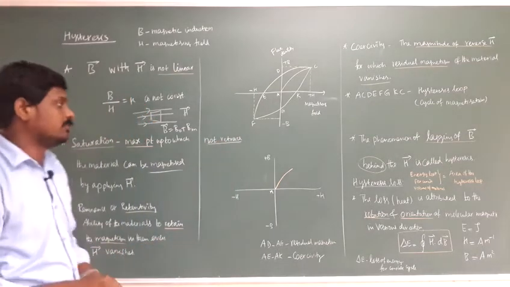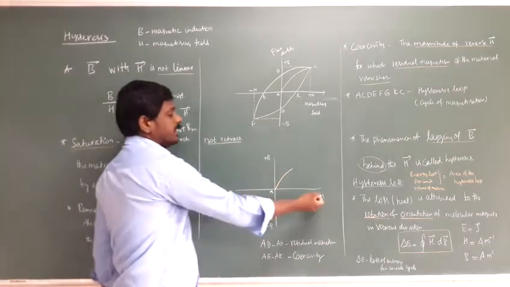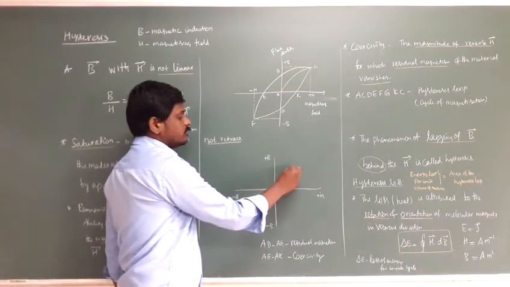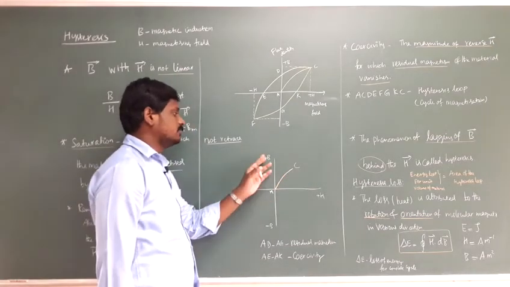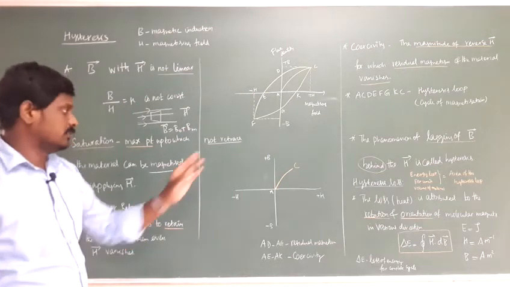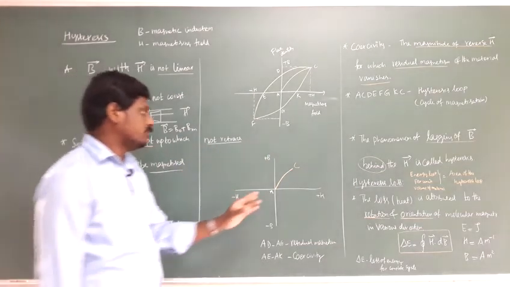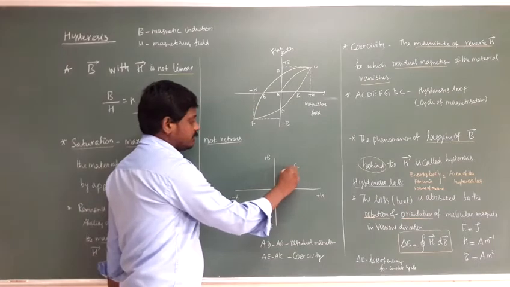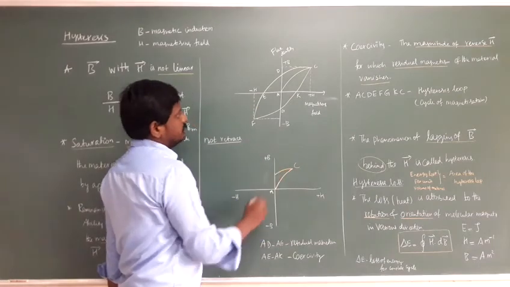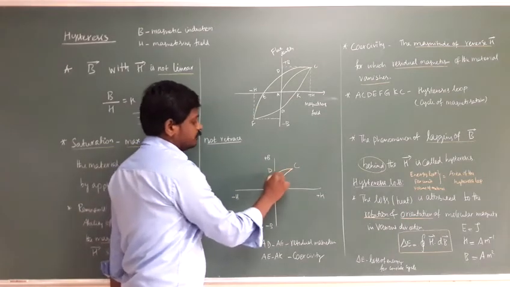It follows a different path when you reduce the magnetizing field. The saturation point is C, because for A we have given B as the magnetic induction, so we go to the next letter C. Then it reaches the point D.